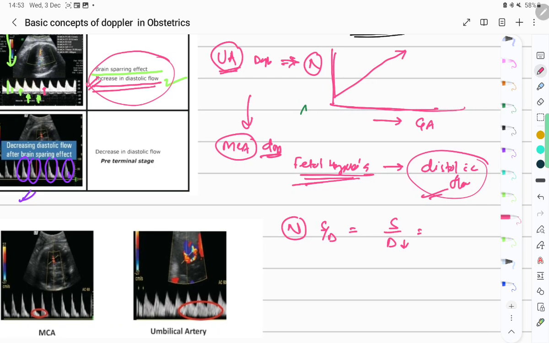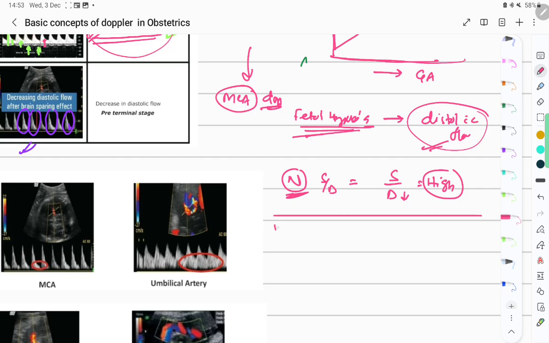So SD ratio will be high in a normal fetus. In a hypoxic fetus, diastole will increase, so SD ratio will decrease.